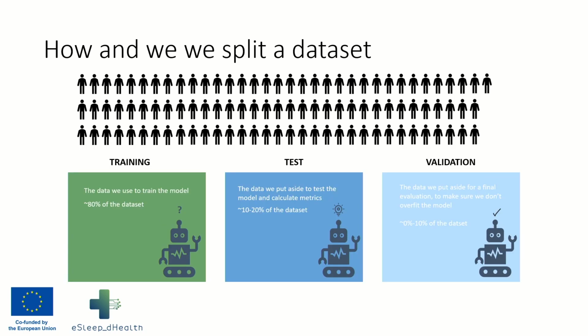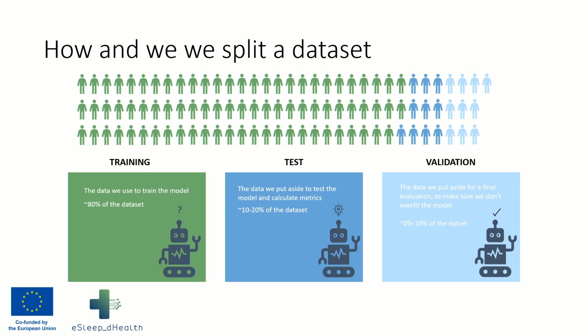Okay. And how do we split the data set? So I told you the approximate number is around 80% for the training set, but this really depends on your personal preferences. For example, here we have 100 participants, and then we would take 80% of these participants for training, 10 for testing, and 10 for validation.